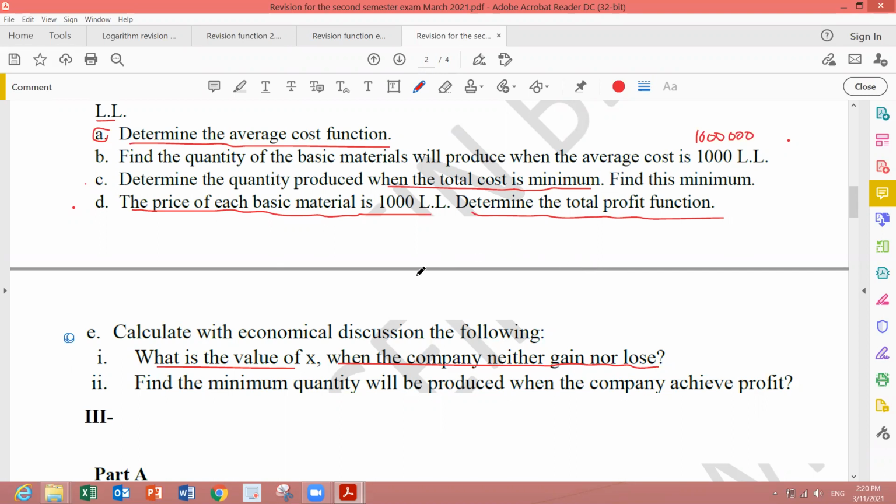In which case does the company neither gain nor lose? What do we call it? Break even. In which case we have equilibrium. Break even means Px equals 0, profit is 0.